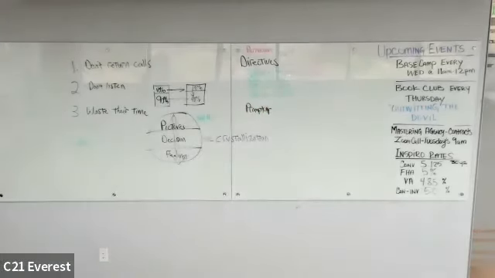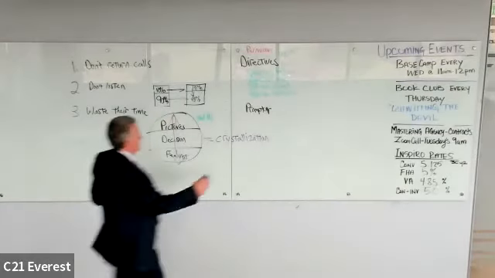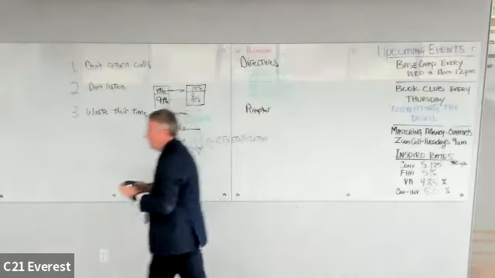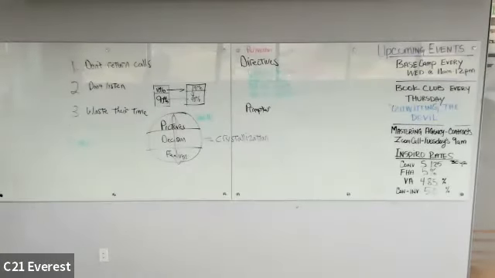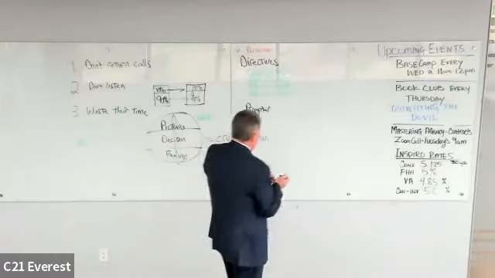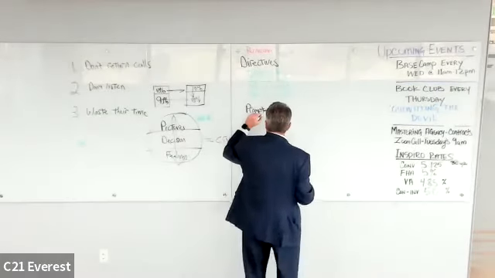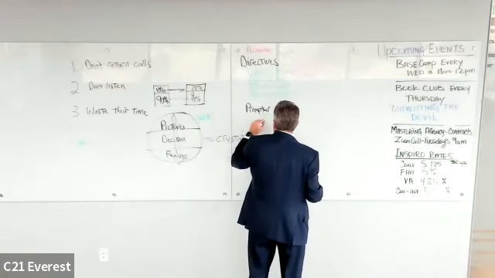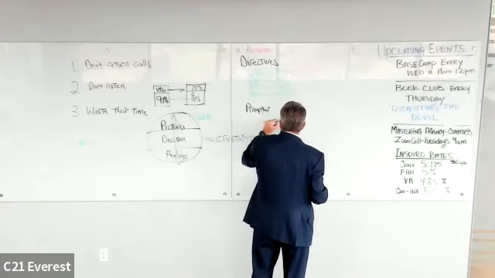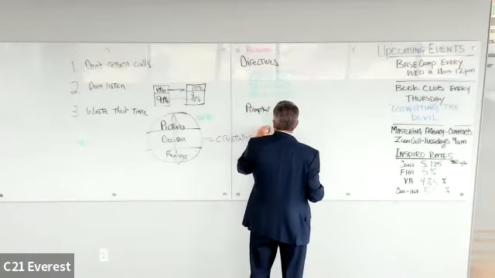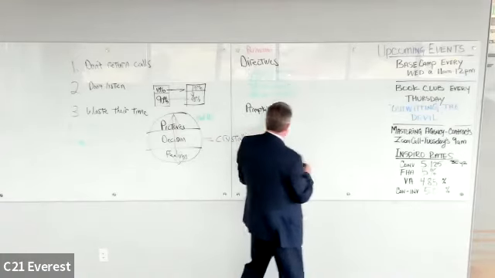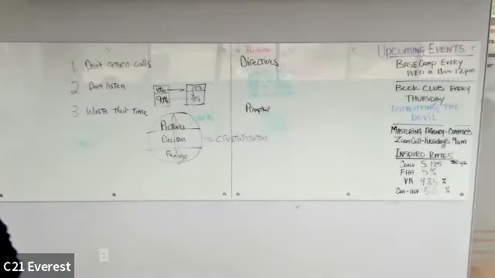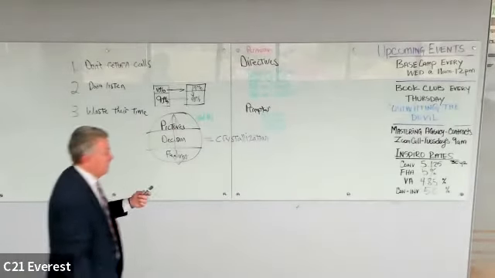A prompter is going to be: what else? Keep going. Say more. Something like that, okay? What else? Keep going, say more. And what we're just doing is prompting them to keep talking.